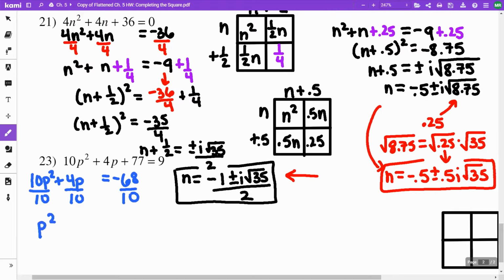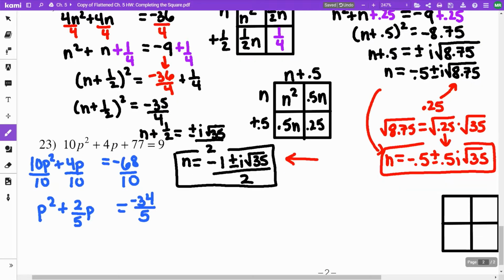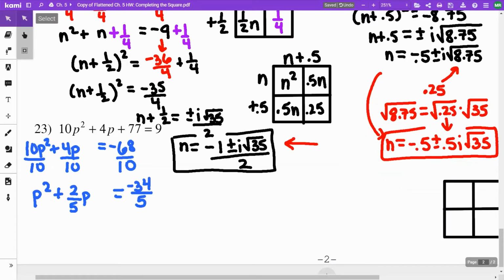I get p squared plus, here that can end up being 2 over 5p, and negative 68 over 10 is going to be divisible by 2, so that's going to be negative 34 over 5.